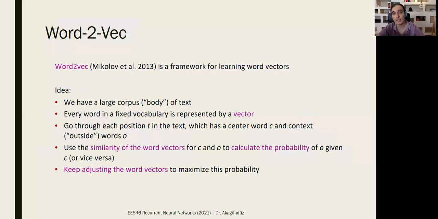And you calculate a word representation, a word embedding, regarding the similarity of the word vectors. And you just relate them to the word probabilities of being in some places in the sentences. So this is an optimization process, by the way. All these algorithms are optimization based.